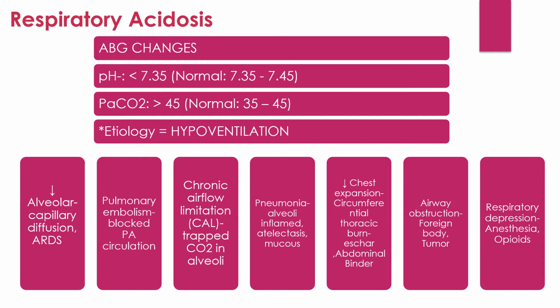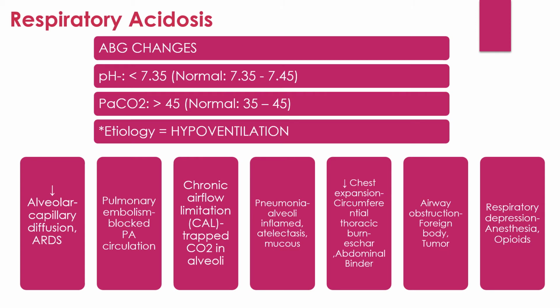So one of them is alveolar capillary diffusion issues, or ARDS, so decreased capillary diffusion. That means we know that our alveoli in our lungs are responsible for that gas and blood exchange. And so in ARDS, or any other issue where we're having issues with diffusion, that process is interrupted. And we're going to talk way more about that next week.